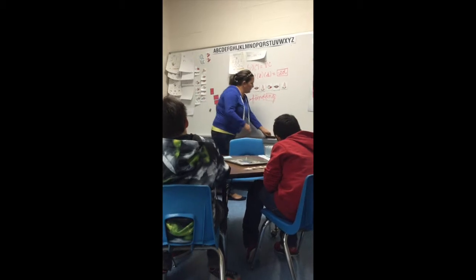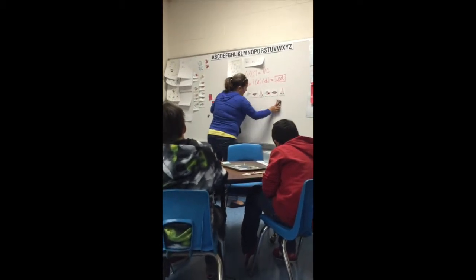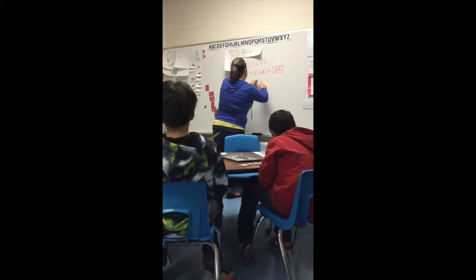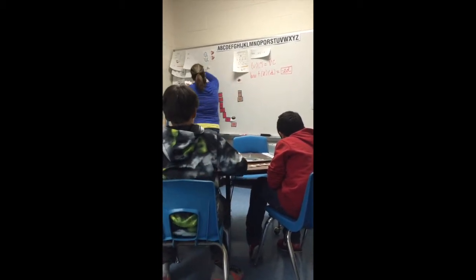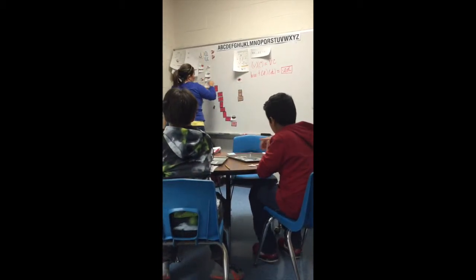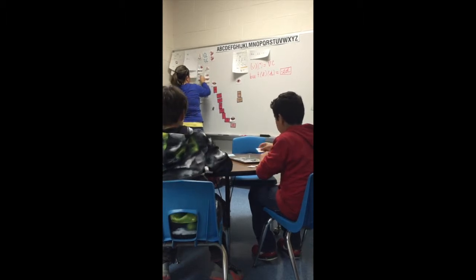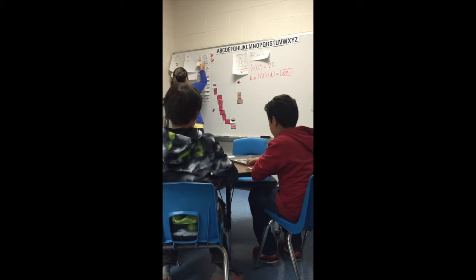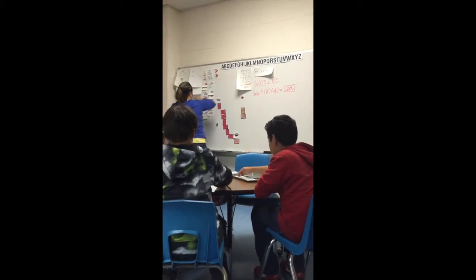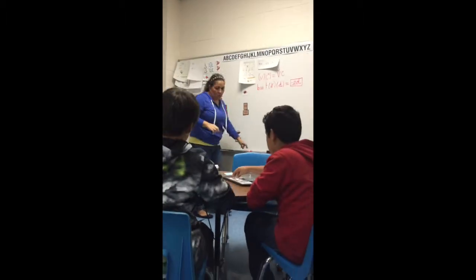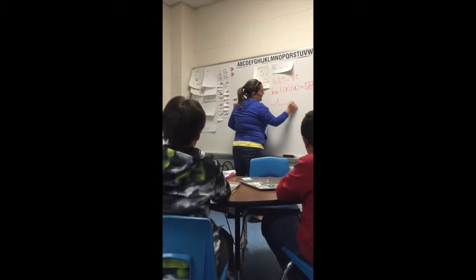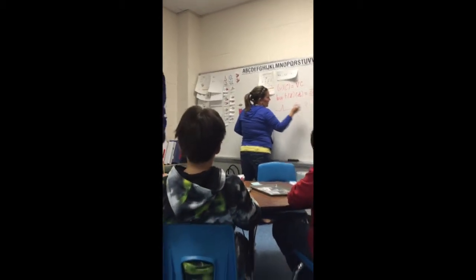Okay, let's get ready for our sentence now. Replace. Okay, let's review what a sentence is. A sentence is a group of words that begins with a capital letter and ends in a punctuation mark.